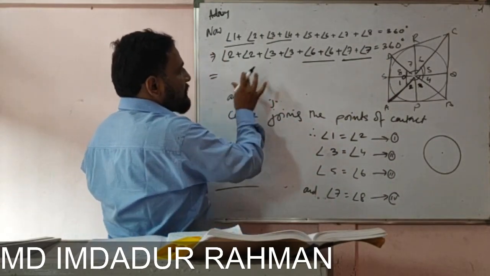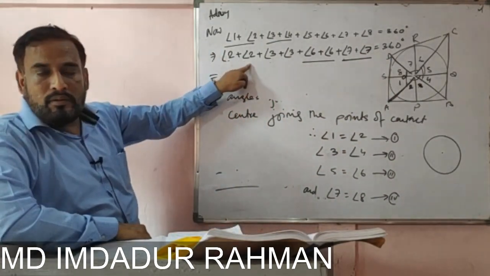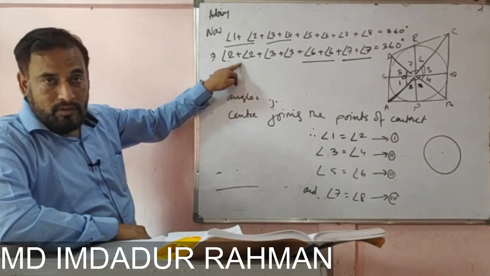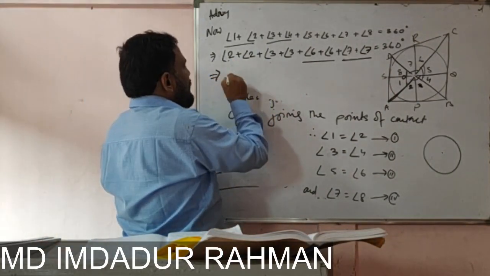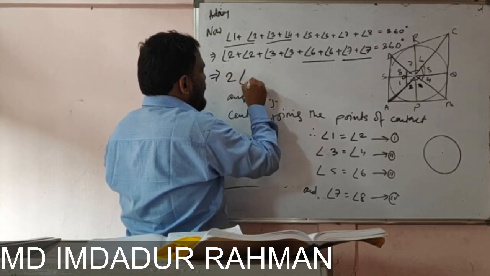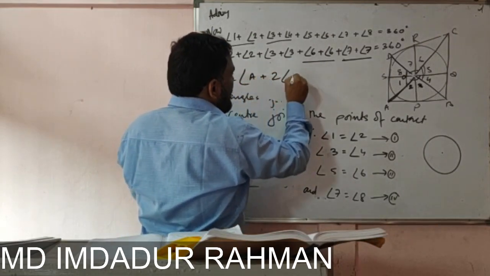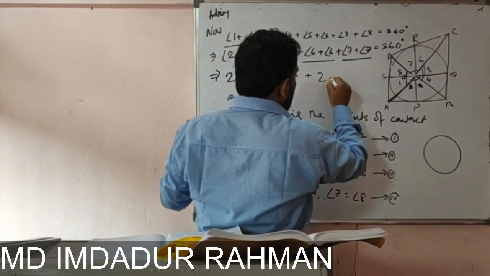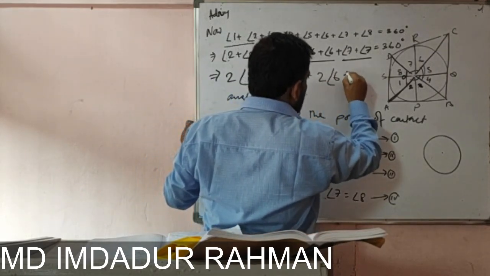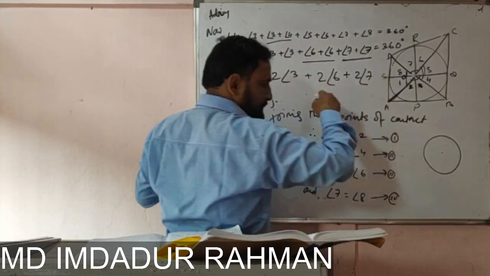Now this angle 2 plus angle 2, this is the name of the angle. So twice angle 2 plus twice angle 3 plus twice angle 6 plus twice angle 7.